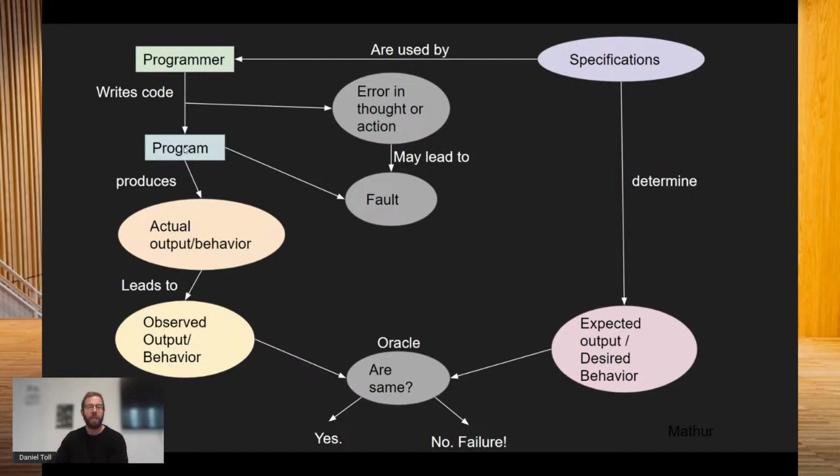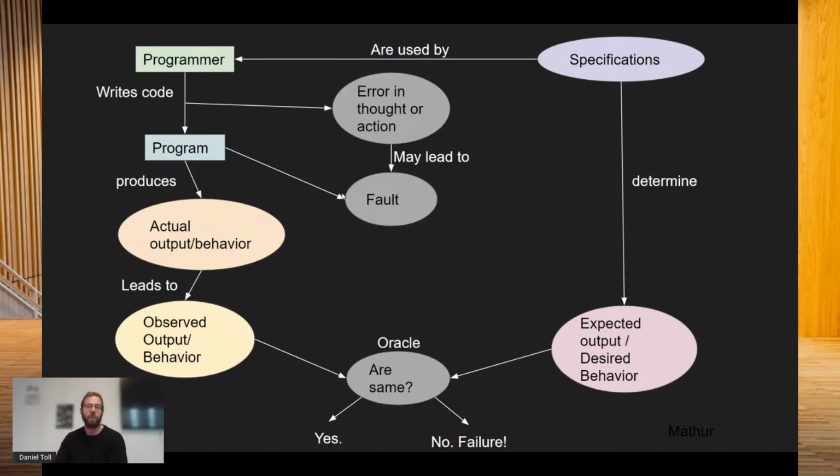The program that this code is included in produces an actual output, right? So the program produces some output, and if it runs the code with specific inputs, not always, it may lead to an infection. And that infection may be propagated to the actual output.